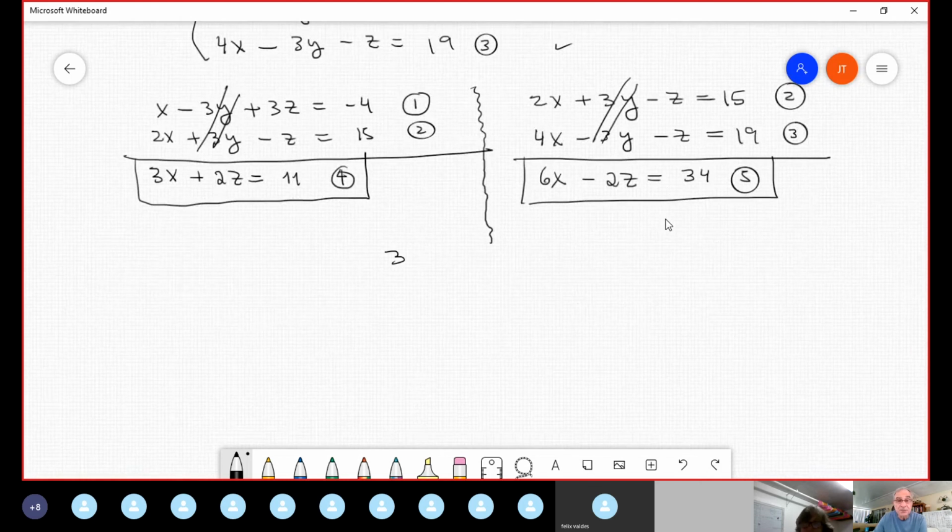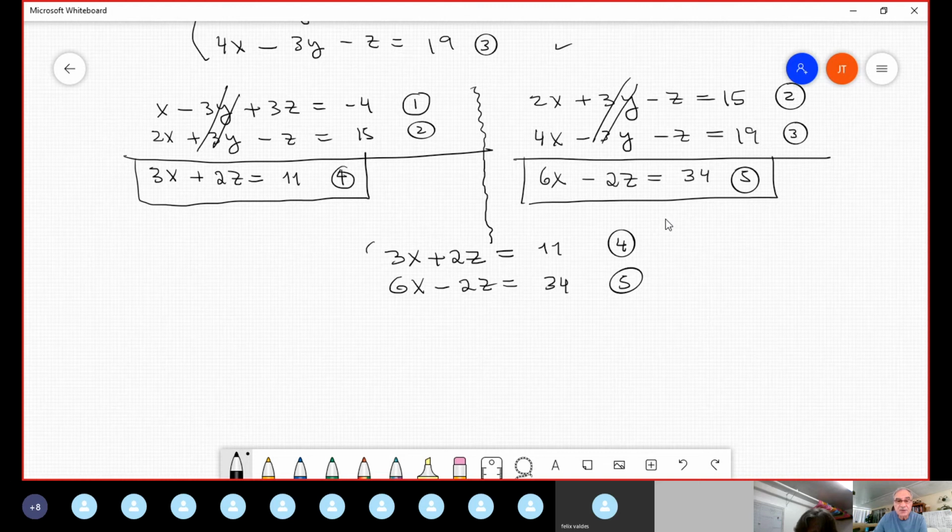And we have one system very similar to the thing we were doing before. I copy 3x plus 2z is equal 11, equation number 4, 6x minus 2z is equal 34, equation 5. We have this system now. It is also ready for elimination, no? This is a coincidence.